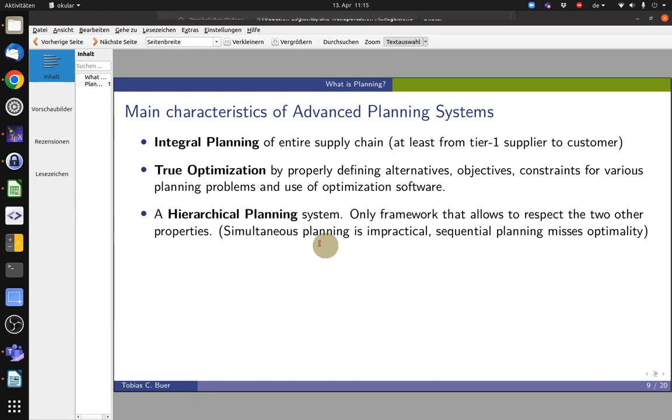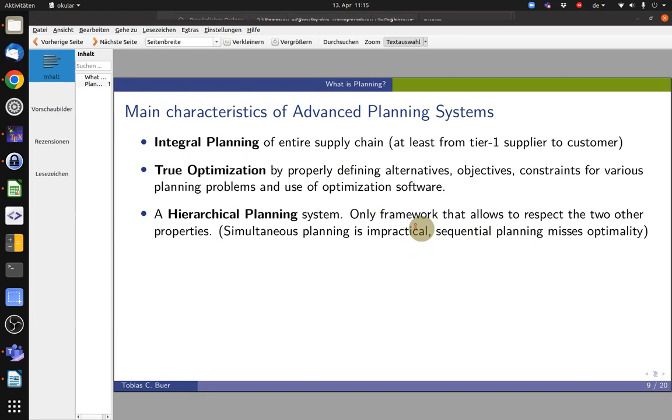If something goes wrong or looks inefficient, the lower levels may inform the higher levels about the success of the plans. And at the moment, this is the only framework that more or less allows us to implement these ideas, integral planning and true optimization in practice.